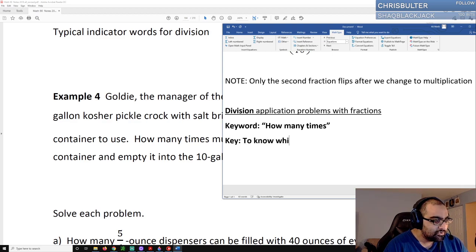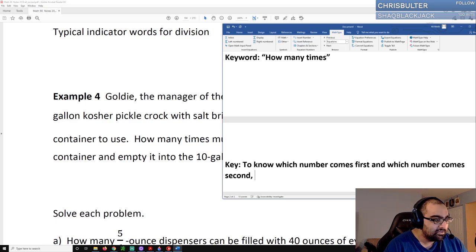To know which number comes first and which number comes second, you need to know what you are dividing.